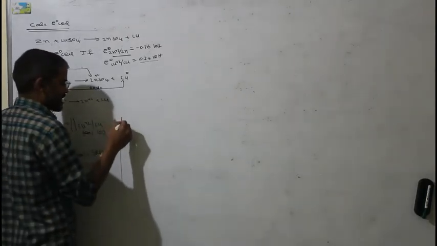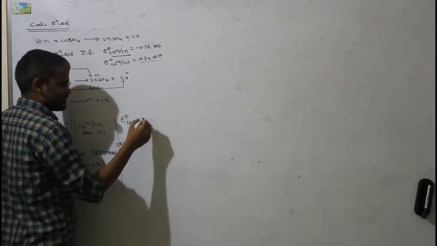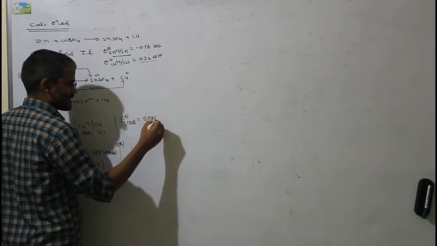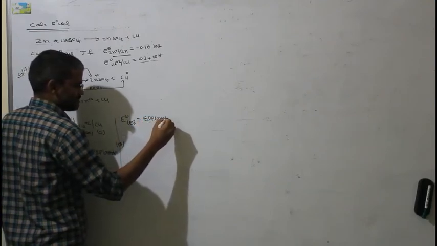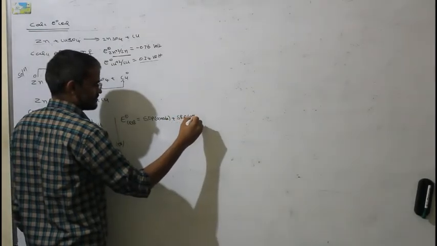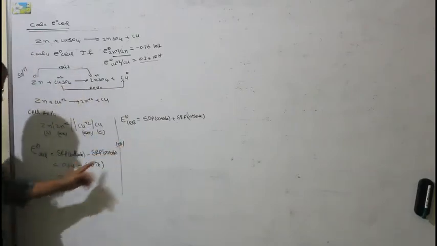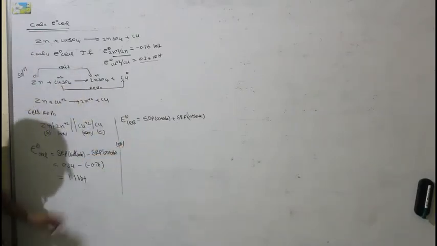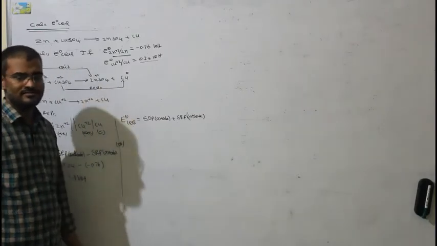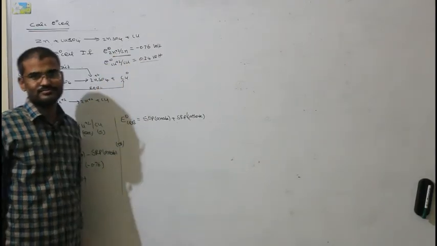But what is the basic formula of the E naught cell actually? E naught cell is equal to standard oxidation potential of anode plus standard reduction potential of cathode. This is our basic formula. From this only we modified. Now if you want to use this formula, what to be done? The given value you have to change.